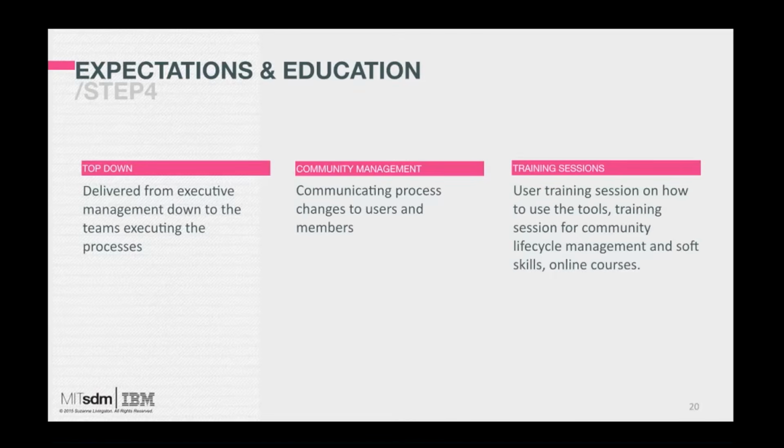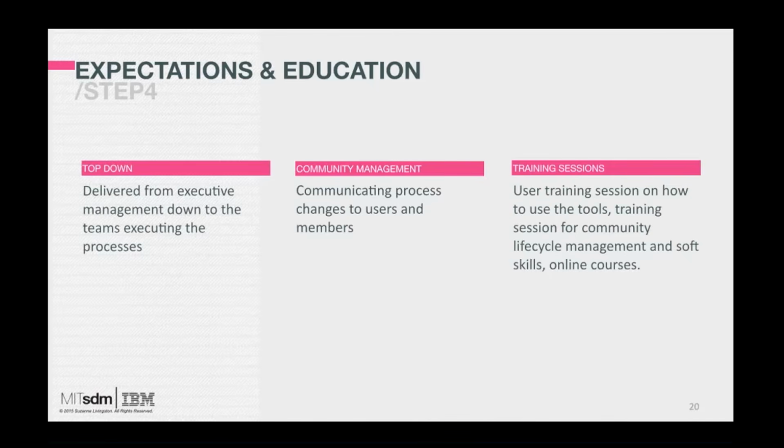Also in the case of Bosch, they needed to communicate what's expected of the people who are a part of that process, even getting to the point of identifying the roles of people who are involved in the process and actually formalizing that. Some of the ways in which companies involved in this study did this: one, through top-down. For Cemex, the messages were delivered from executive management down to the teams executing the processes.